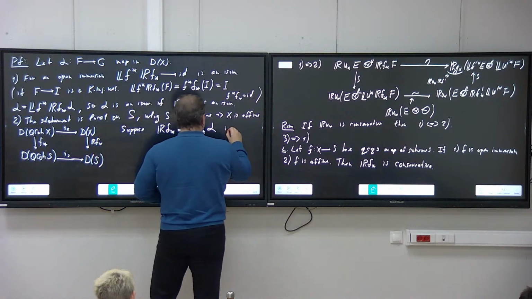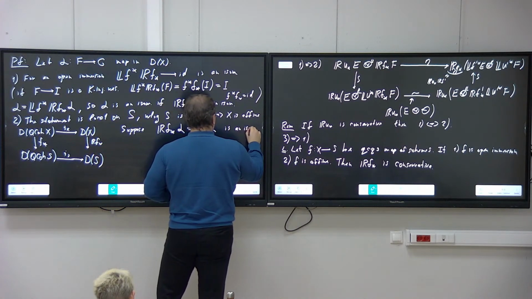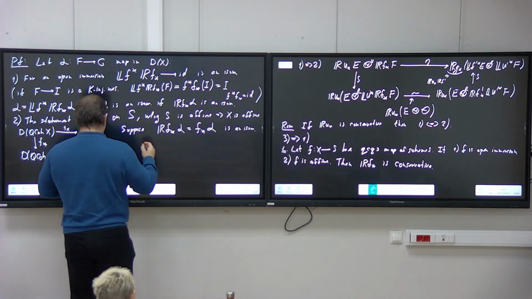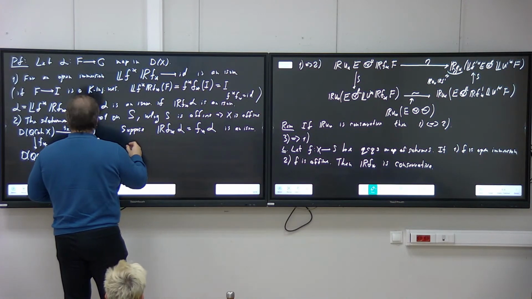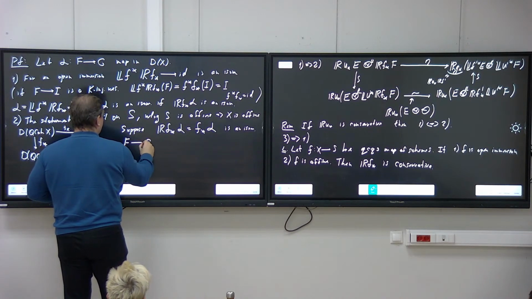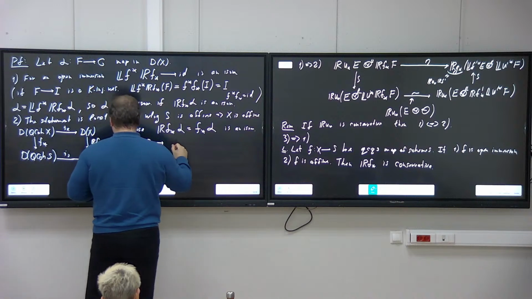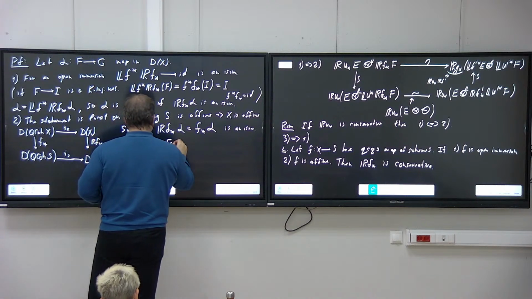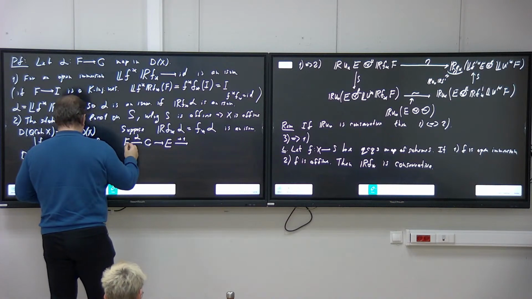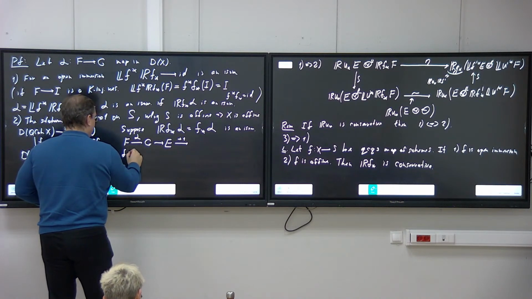So it's an isomorphism. Then we have a distinguished triangle: F mapped to G with the map alpha, complete this to a distinguished triangle, let's call the third object E. Then we can apply f lower star to this distinguished triangle.